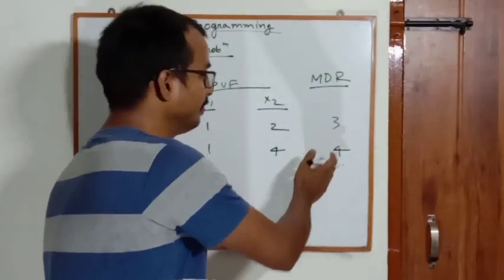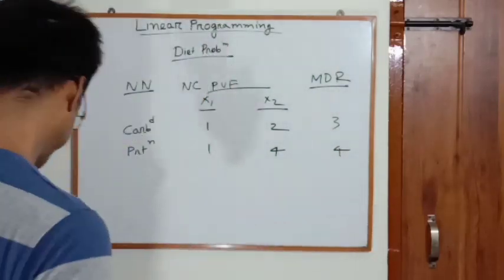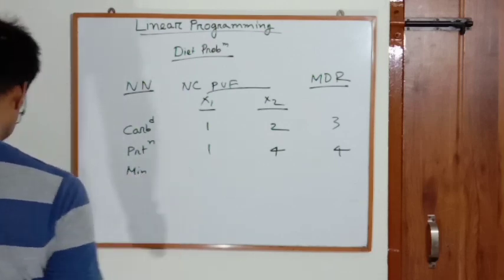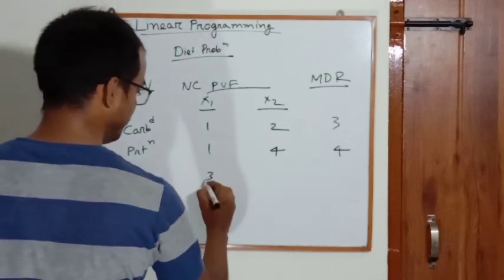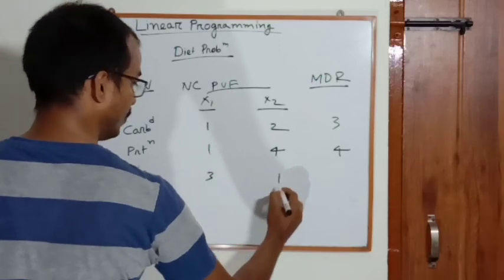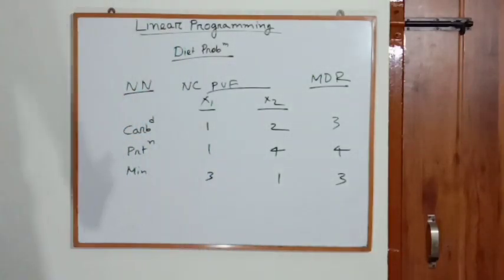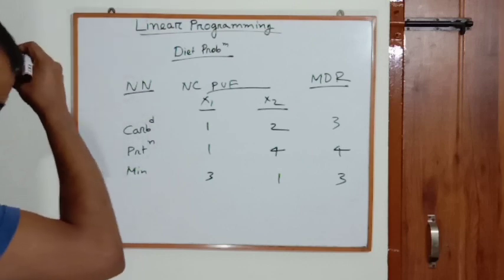You cannot give below this. Then minerals, it is 3 and 1, and your maximum daily requirement of nutrients, this is 3, whatever.